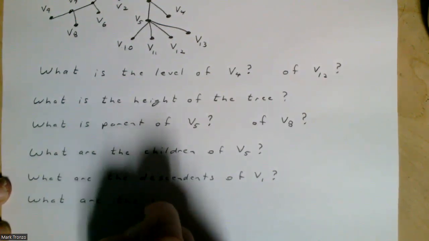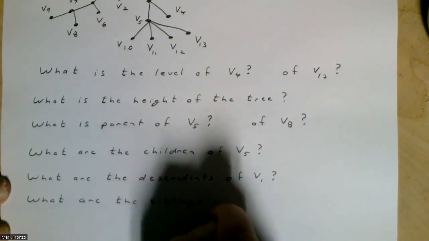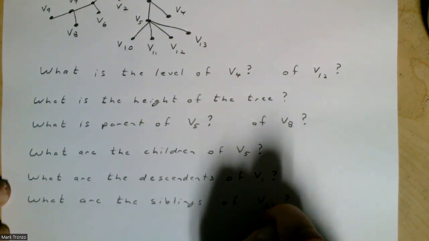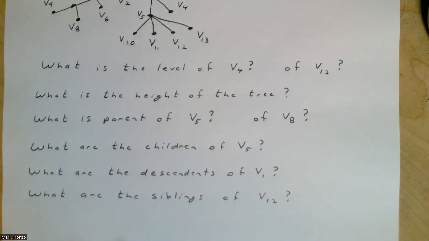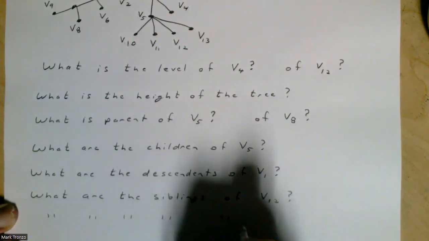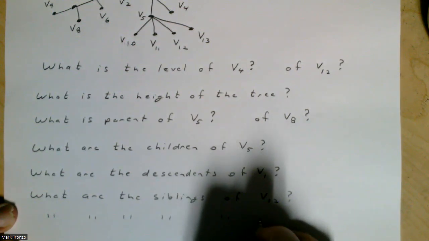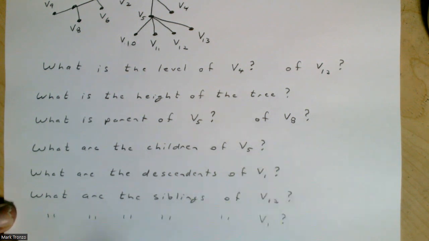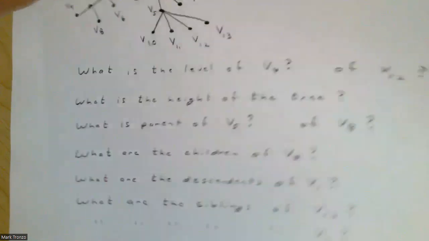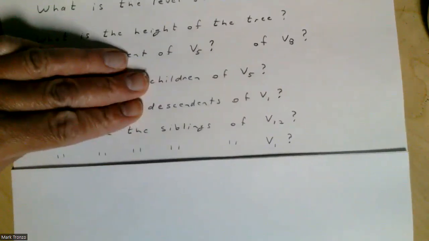What are the siblings of V12? And also, let me ask the same question: what are the siblings of V1? More questions?